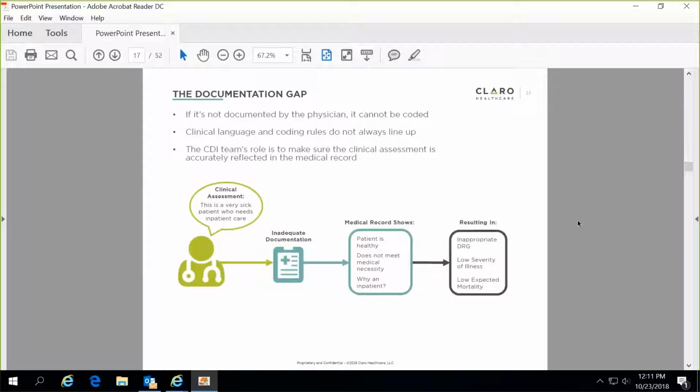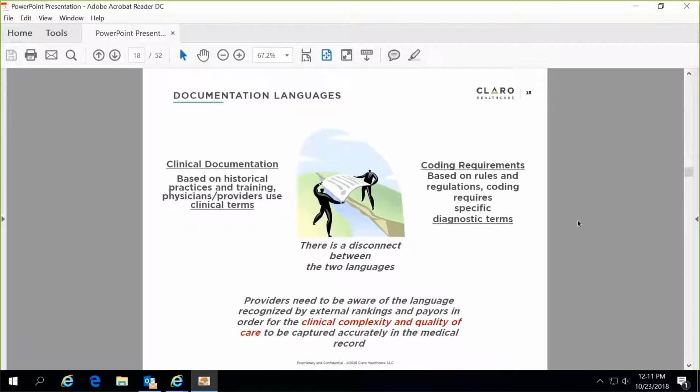So, documentation language. We know that you describe the patient clinically. You don't know those coding terms. We don't want you to be a coder. But we know there's a gap that we have to fill. There's a disconnect of that language. Definitely a disconnect sometimes. And so that's why we have clinical documentation programs. Across the nation, these are done.